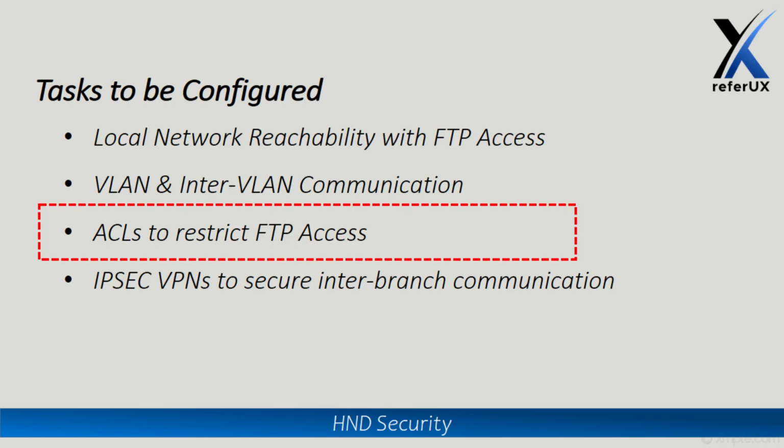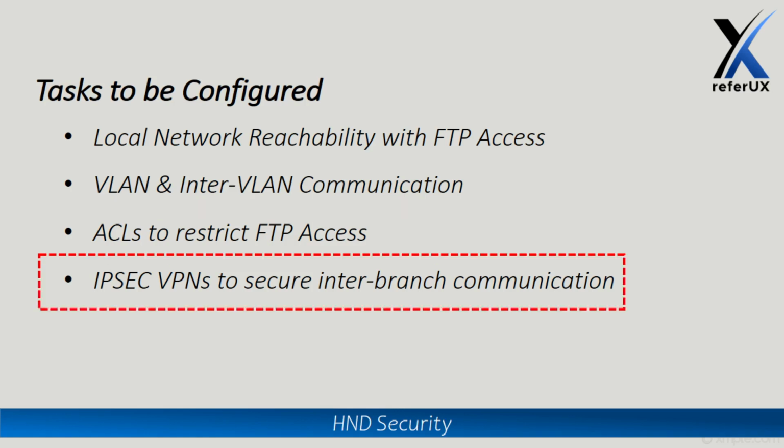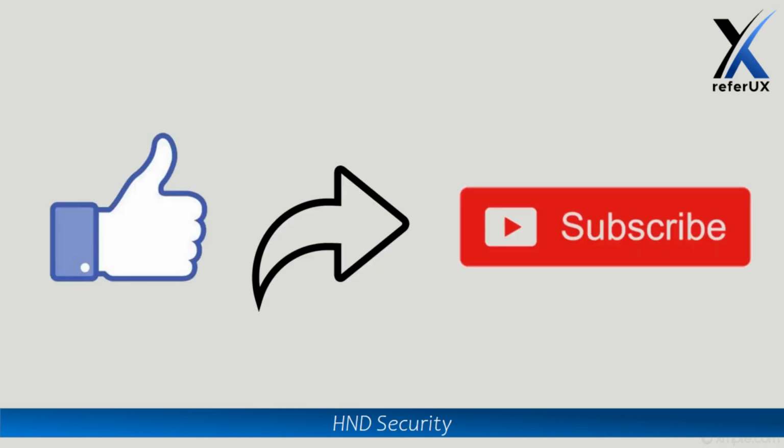In the third video, I showed you implementation of access control lists in order to restrict other departments from accessing each other's file servers. And in the final video, that is this video, I demonstrated how to ensure secure inter-branch communication using IPsec VPNs.